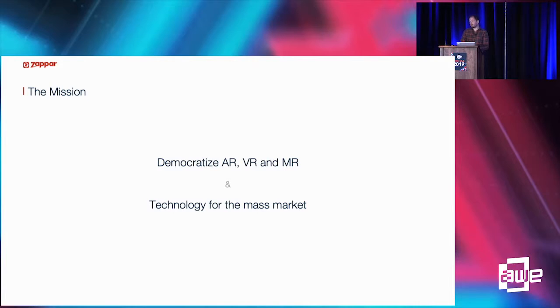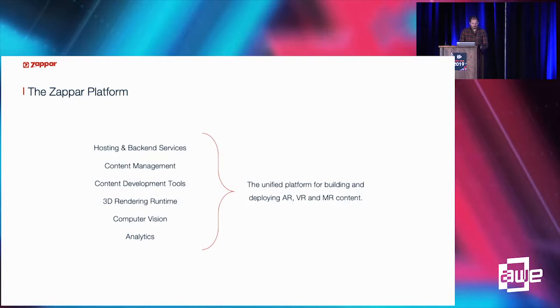So we want it to be possible for anyone to create this kind of content, and then we want it to be possible for anyone to experience and consume that content, regardless of what device they have or how technologically savvy they are. And a core part of that is our platform, the Zappar platform. It is some hosting and backend services.